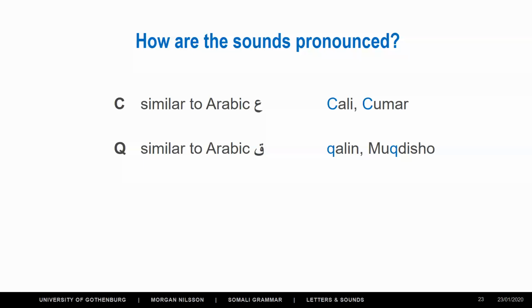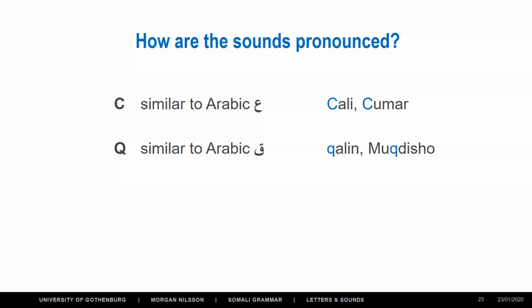Then we have the Q, which is similar to the Arabic Qaf, in Somali, Qalin, Muqdisho. And this is also pronounced at the back of the mouth, but instead of pushing the root of the tongue backwards, you push it slightly upwards and backwards, so that it touches the uvula, the little thing that hangs down at the back of the mouth.